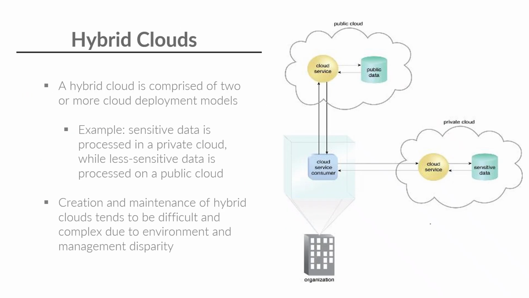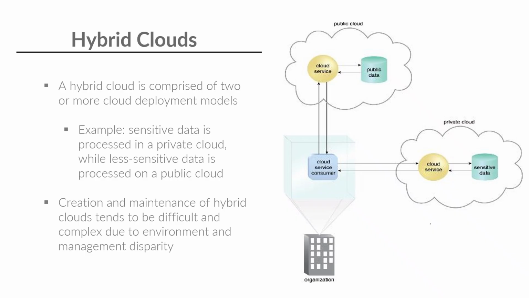And we have hybrid clouds. A hybrid cloud is basically a cloud environment comprised of two or more different cloud deployment models. For example, a cloud consumer may choose to deploy a cloud service that processes sensitive data into the private cloud, and then use a public cloud to deploy services that will process less sensitive data. Makes sense, right?